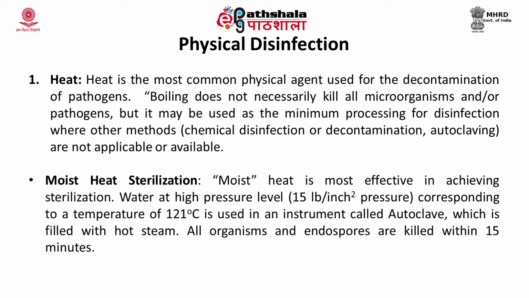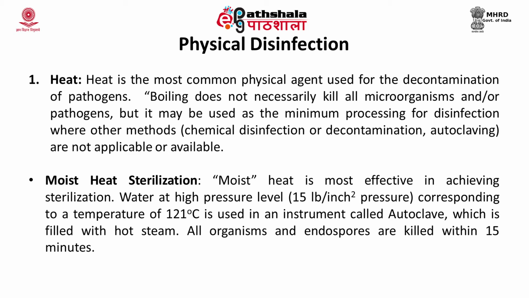Heat treatment is of two types, moist heat sterilization and dry heat treatment. Moist heat is most effective in achieving sterilization because in moist heat treatment, water at high pressure, 15 pounds per square inch, which corresponds to a temperature of 121 degrees C, is used in a specific instrument called an autoclave.